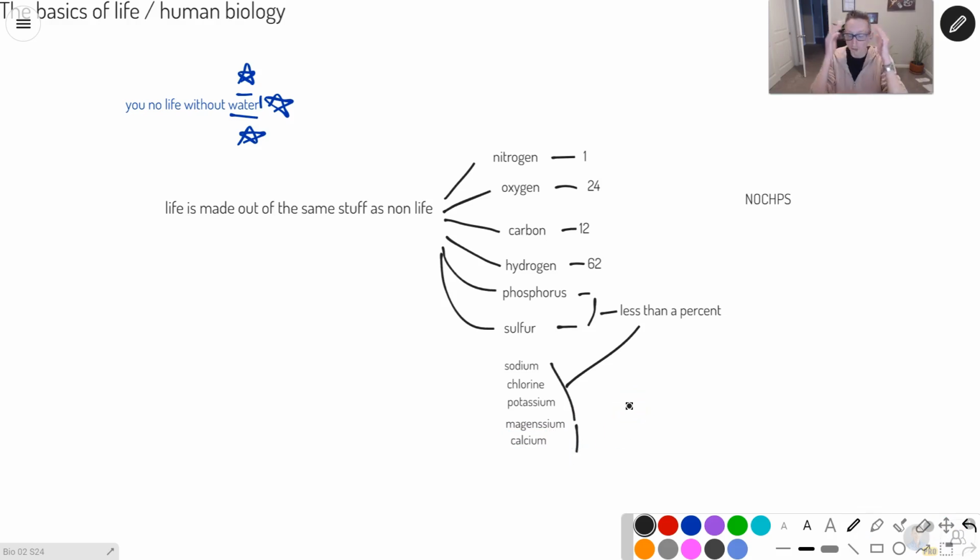That's crazy. These are just atoms you can find on the periodic table. This is what stars are made out of, hydrogen. This is what your pencil lead is made out of, carbon. The atmosphere is made out of oxygen and nitrogen and carbon. Phosphorus is found in fertilizer, which is part of life.